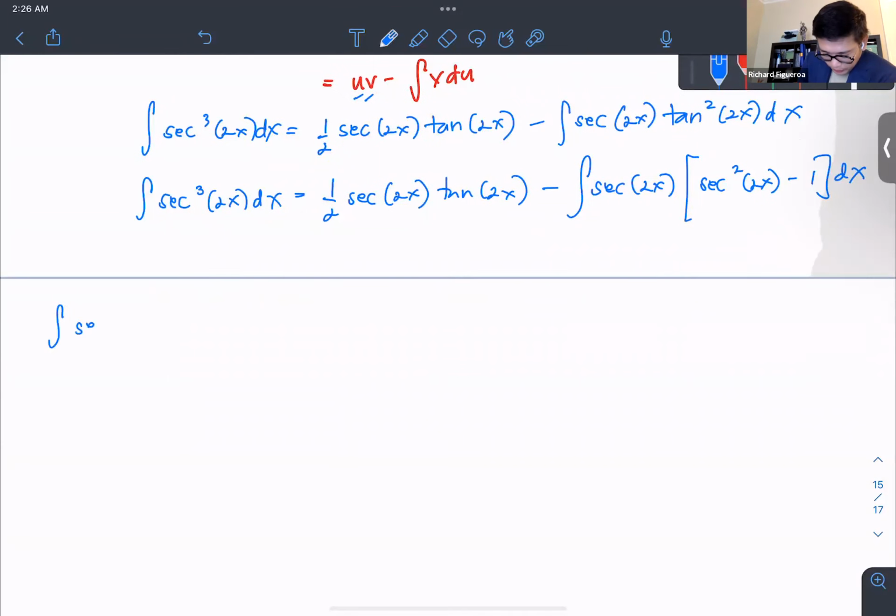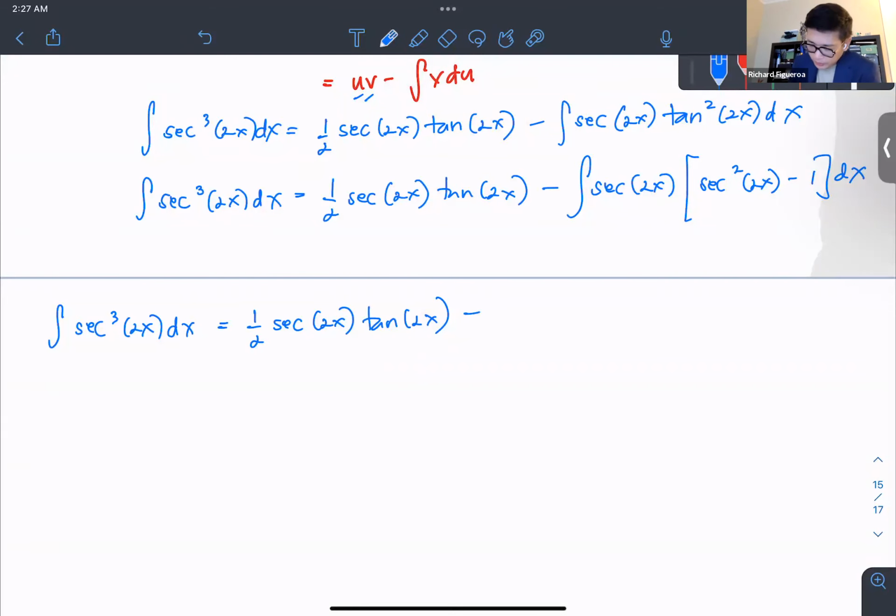So the integral of secant cube 2x dx then is equal to 1/2 secant 2x tangent 2x. Then minus, I'll distribute.